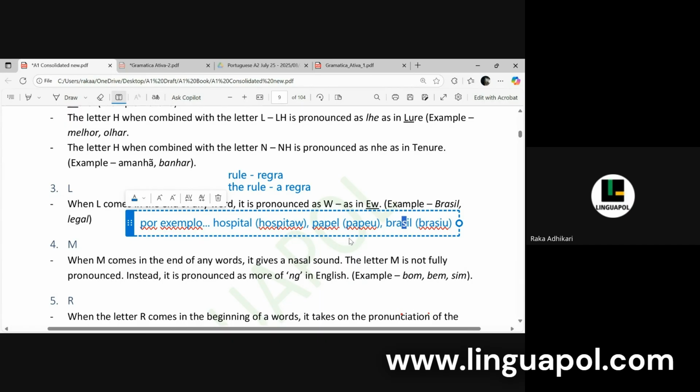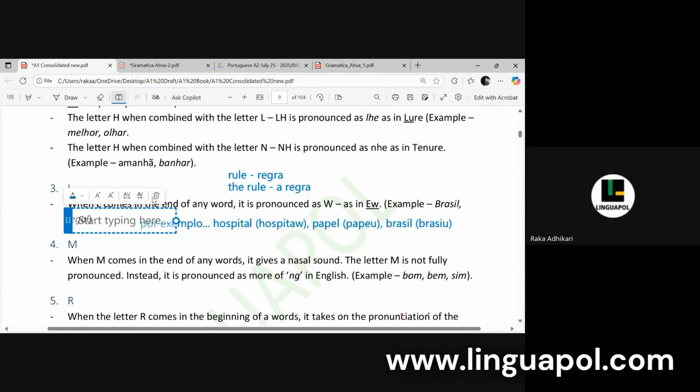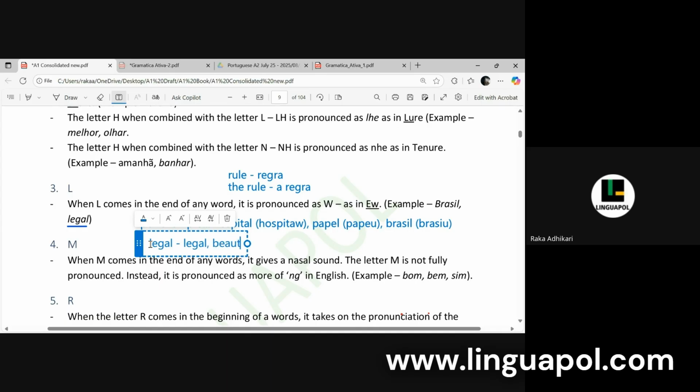So you can see all these words in front of us. Hospital, papel, Brasil. Then we have this word in example, that is legal. This word legal can have different meanings. It can mean legal, just like the English word. It can mean beautiful. It is used as a slang, in the popular language.